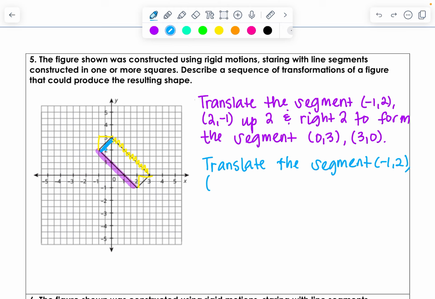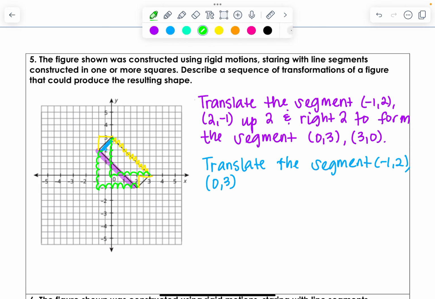Brain fart. Just double checking. And we're going to have to translate it. Let me use a different color. Let's see. 1, 2, 3, 4, 5, 6. 1, 2, 3, 4, 5, 6. So we're going to have to go down 6 and to the right 6 to get it to its new spot.